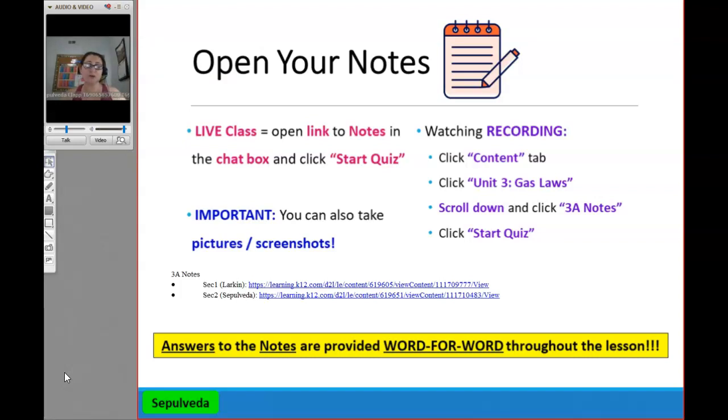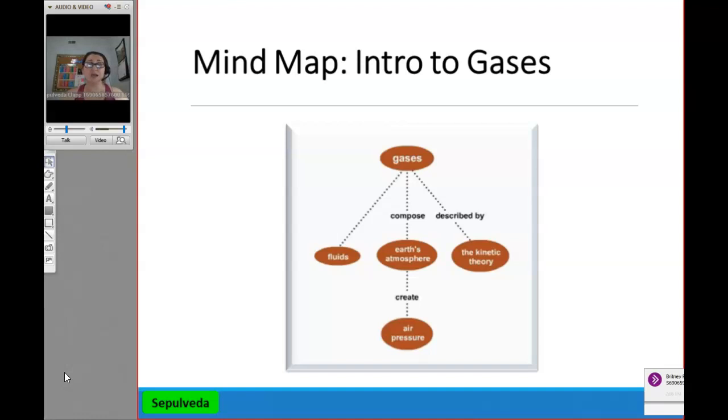Now remember, your notes are provided word for word, so you could get a perfect score on this, so make sure you are paying attention. Let's look at this mind map here. Intro to gases. We know that a gas could be fluids. It is in our Earth's atmosphere, it is composed in our Earth's atmosphere, and it's described by the kinetic theory. Mrs. Lark is going to talk a little bit more about how it's described through the kinetic theory.